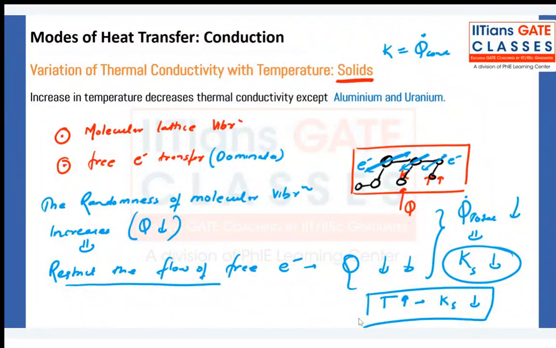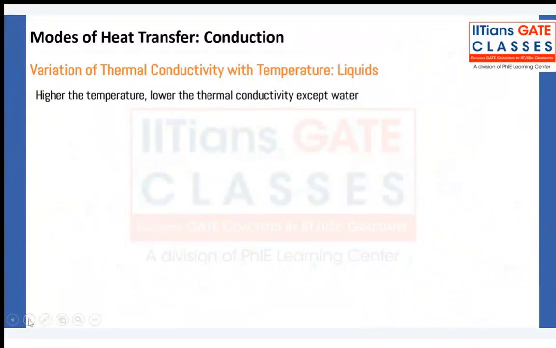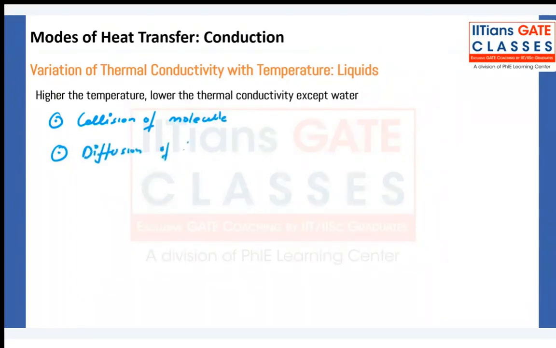Let's talk about liquids. So what did we talk about in liquids? Now, in liquids, heat transfer takes place because of collisions of molecules and diffusion of heat. Now what will happen? You are giving heat. Because of this, the temperature is going to increase.